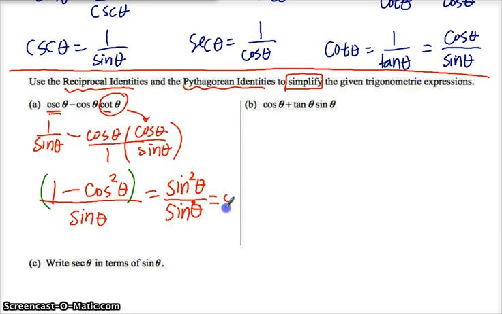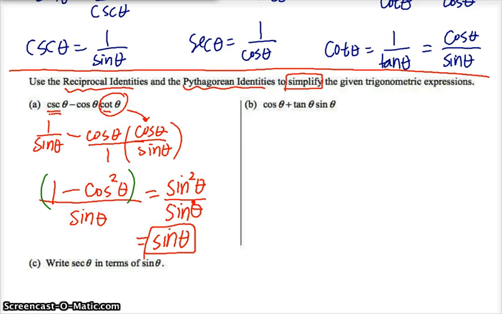So I just am left with sine theta. So my simplification, this little complicated expression at the beginning of cosecant theta minus cosine theta cotangent theta, just simplifies to sine theta. So this is obviously more simple than what we started with.